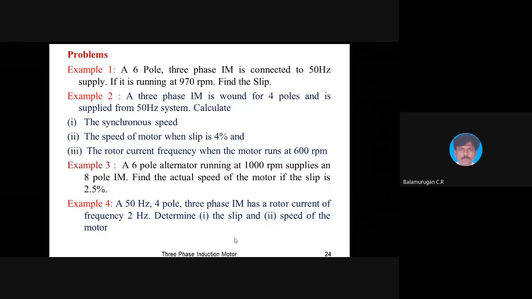So if you complete the first one, you can take the second problem. Second problem: a three-phase induction motor is wound for 4 poles and is supplied from a 50 Hz system. Calculate the synchronous speed of the motor, the speed when slip is 4%, and the rotor current frequency when the motor runs at 600 RPM.